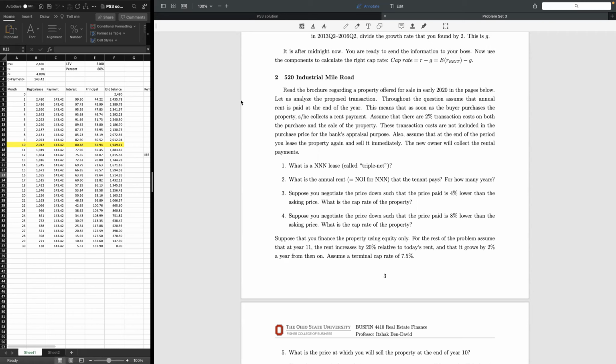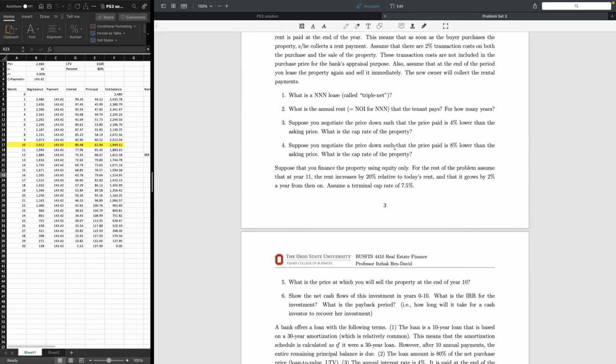So those are all the owner's responsibility. But NNN lease is different. So all the expenses will go to the tenant, and the landlord just collects the leftover. So just some detour for your information.